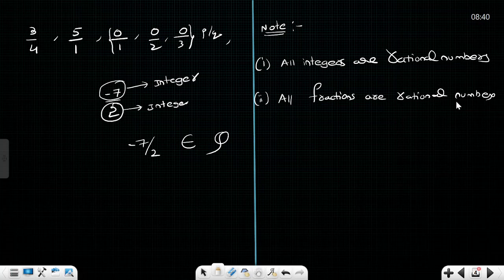Next, third point: all decimals cannot be called rational numbers.